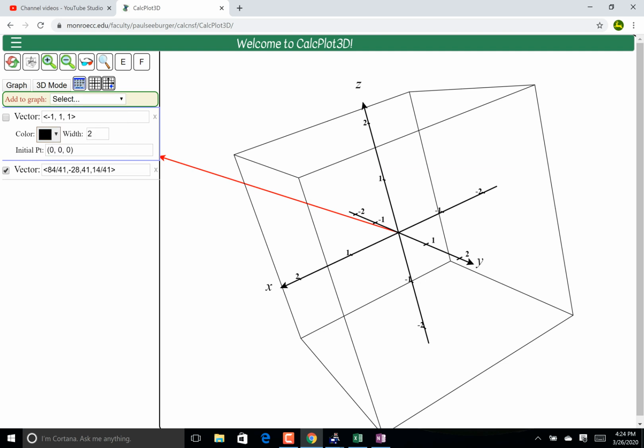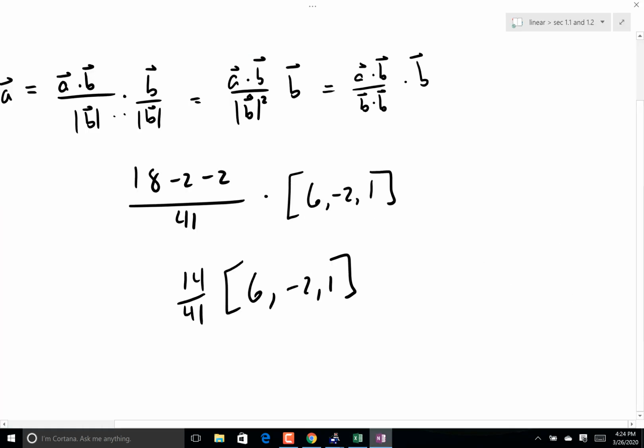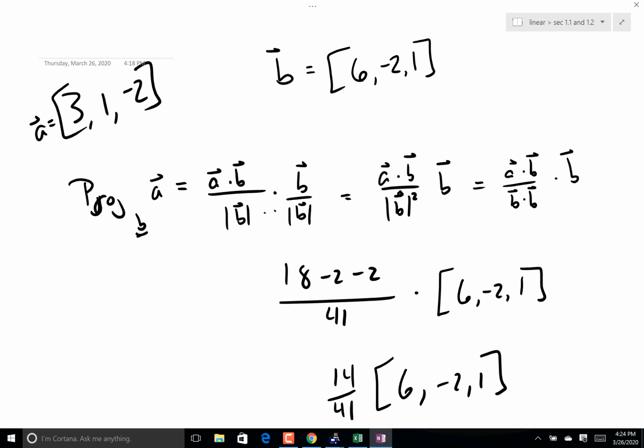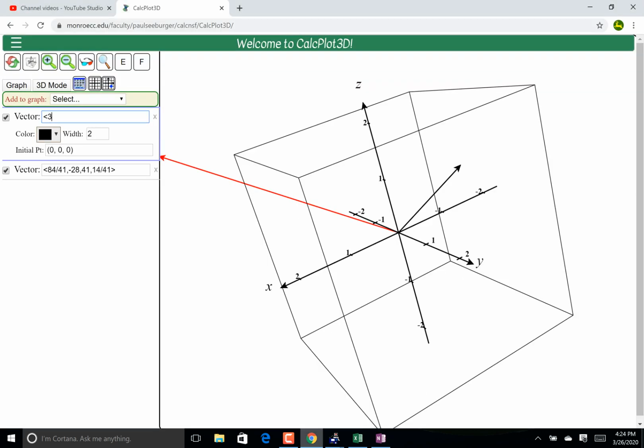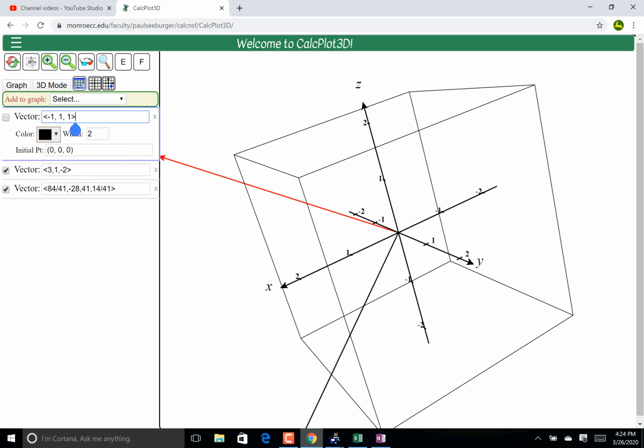The vectors I'm going to add are the original two vectors, which were 3, 1, negative 2, and 6, negative 2, 1.